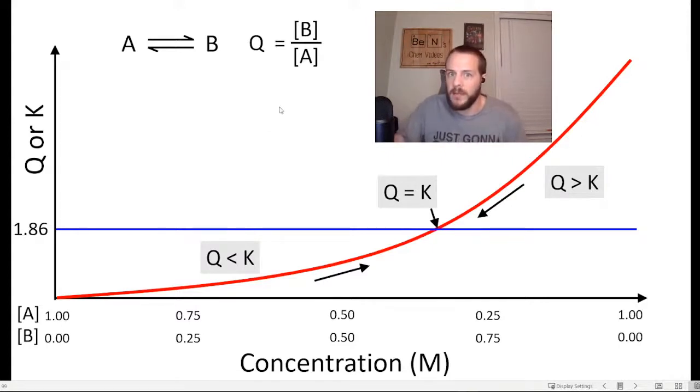So if Q is less than K, the reaction will shift to the right towards products. If Q is greater than K, the reaction will shift to the left toward the reactants. And if Q is equal to K, the reaction won't proceed in either direction because you've established dynamic equilibrium at that point. So the same principle applies to solubility and precipitation, right?